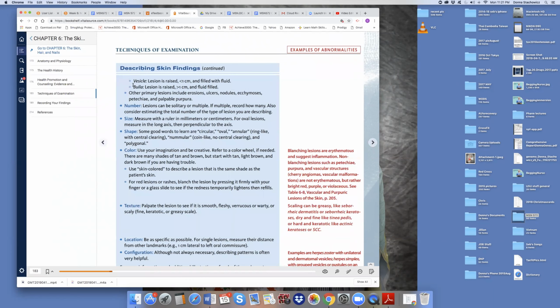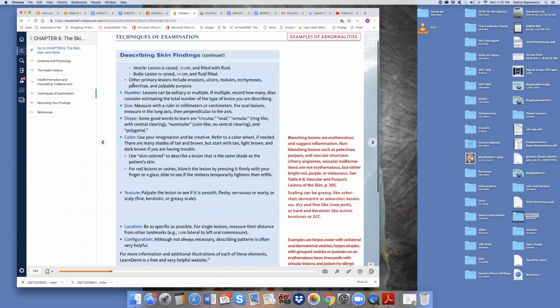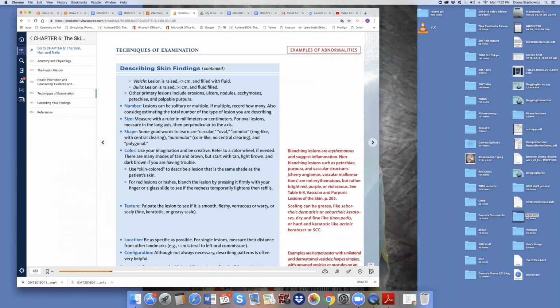The places in your text that are in blue, I always say to study very well, especially for skin: being able to identify if the lesion is linear or annular, which is ring-like. Also color, using skin-colored or flesh-colored to describe a lesion that's the same shade as the patient's skin.